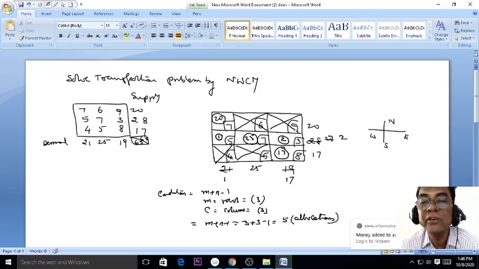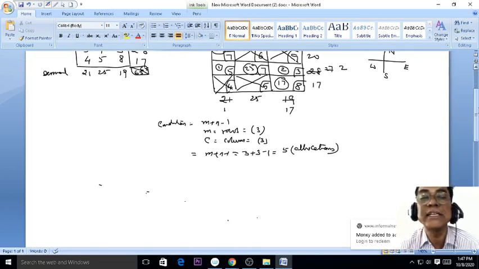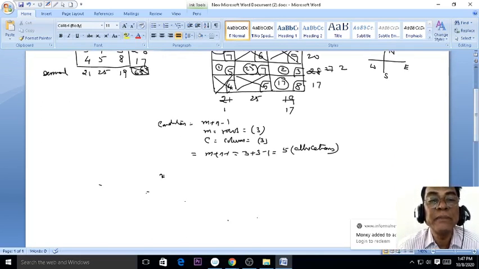So we have 5 allocations. See, allocations are nothing but the rings: 1, 2, 3, 4, 5. That's all.